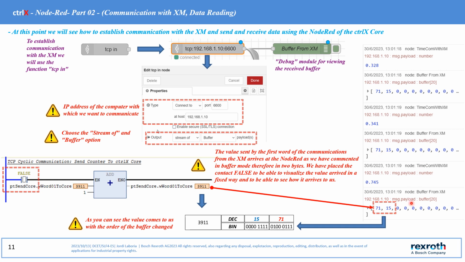In the image, the control of data sent from the XM has been disabled to be able to visualize the value in a fixed way. In this way, we can visualize everything more clearly. As you can see, the corresponding bytes arrive in reversed order and must be treated later.